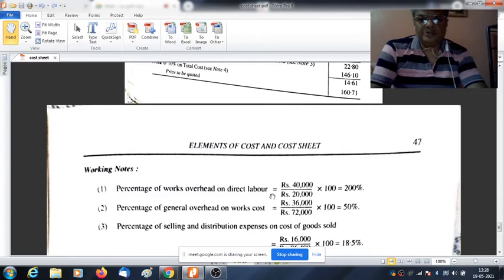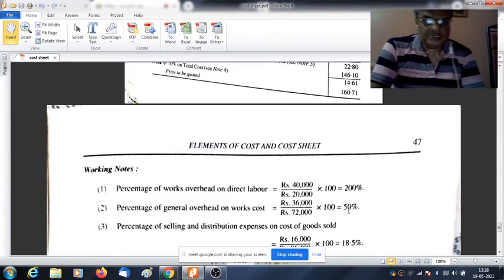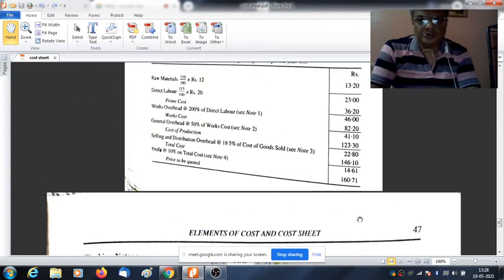Similarly, we have computed the percentage of general overhead on work cost. It comes to 50. Just simply take the figure from the historical record and express it in terms of relationship. Then comes the percentage of selling and distribution expenses on cost of goods sold.